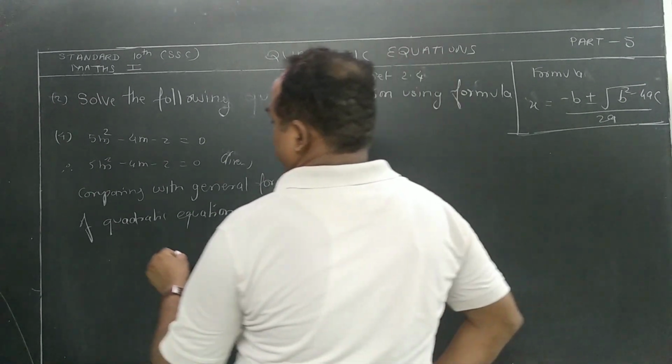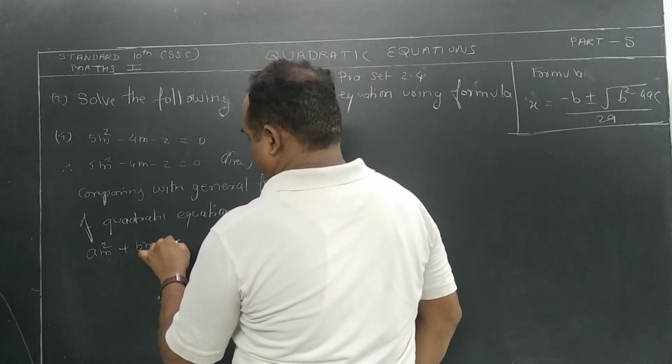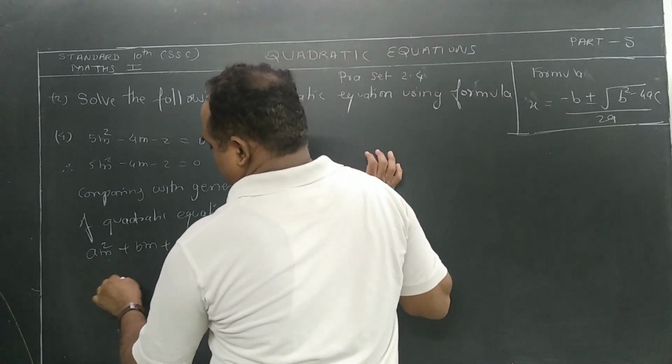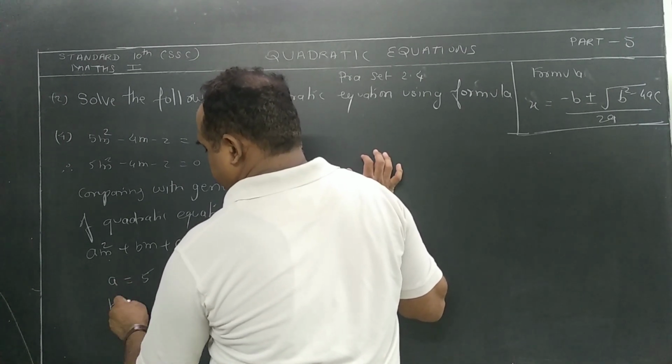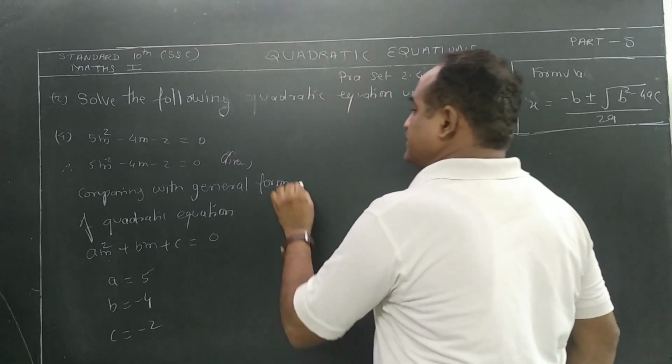General form of quadratic equation will be am square plus bm plus c is equal to 0. So what is the value of a? Value of a is 5. Value of b is minus 4 and c is equal to minus 2.